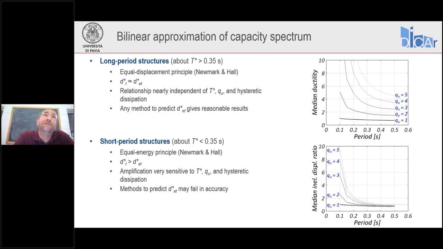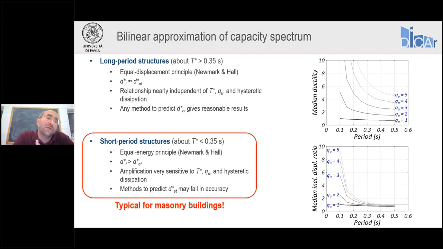And it's here that different methods, unfortunately, may provide different results. Some are more accurate, some others are less accurate and may be affected by intrinsic problems. And of course, masonry structures fall within this range, so we need to be very careful.